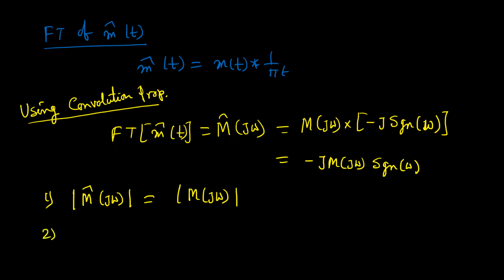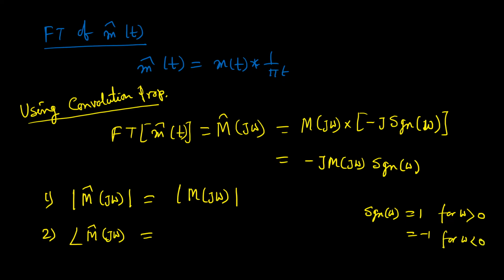And second one, the angle of M cap j omega. Now, if I consider omega positive, that time signum omega equals 1 for omega more than 0, and this is minus 1 for omega less than 0.